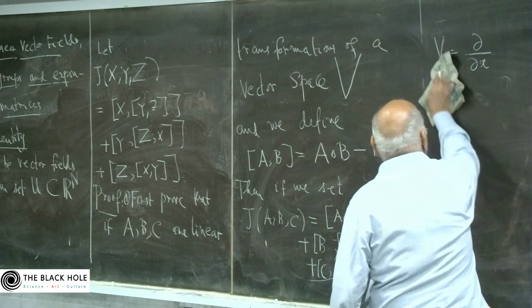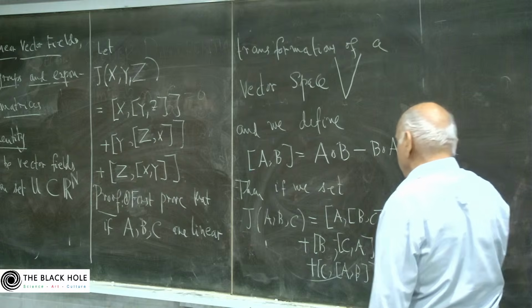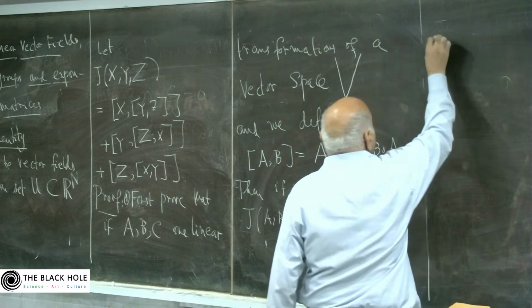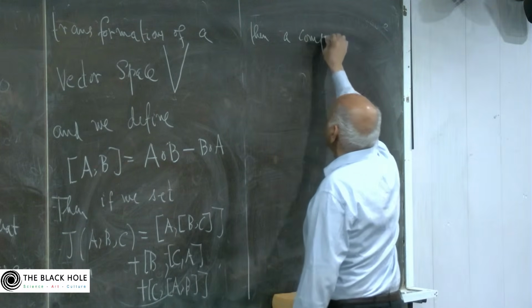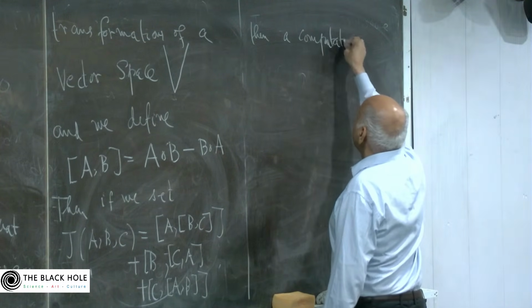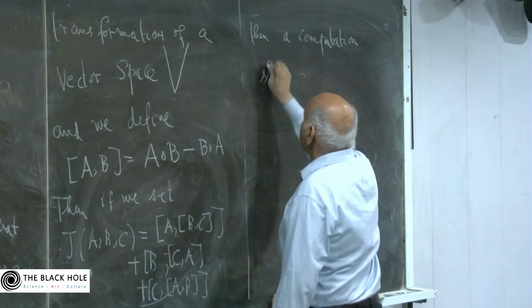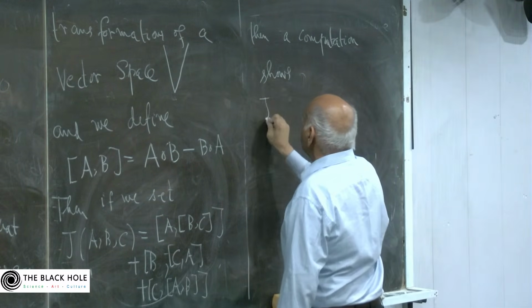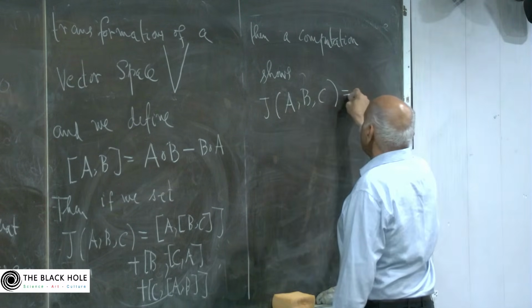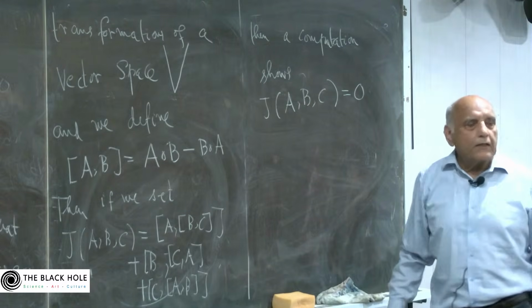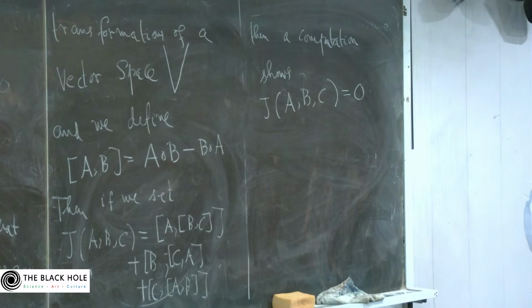Because it's straightforward, I will not do it, you do it as homework. A computation shows J of A, B, C is equal to 0. This is completely straightforward. You have to be careful that you don't make a sign mistake, and if you do it, you will see everything will cancel out.